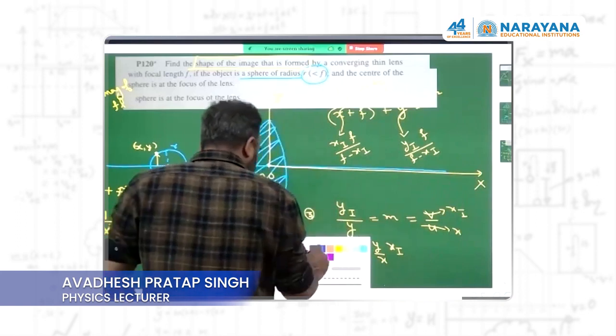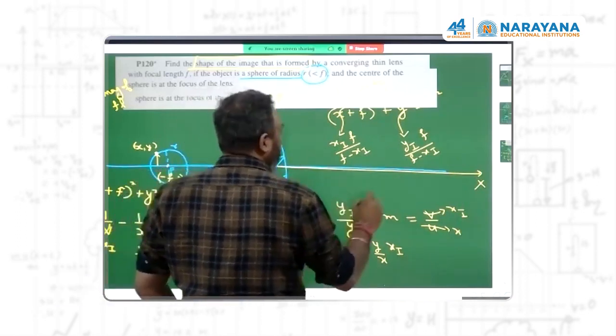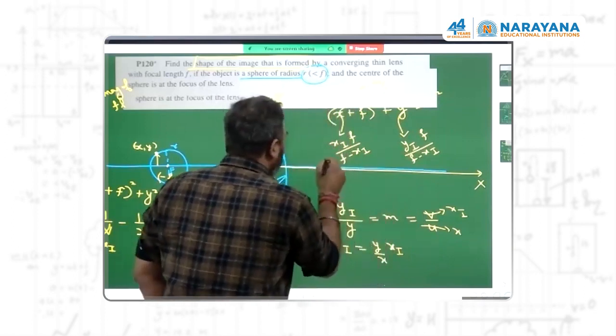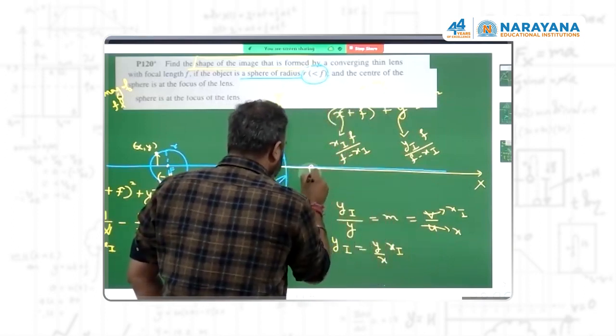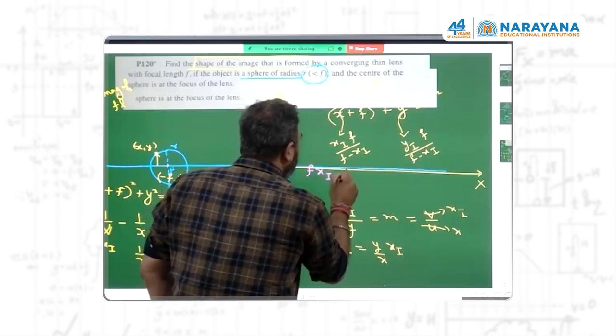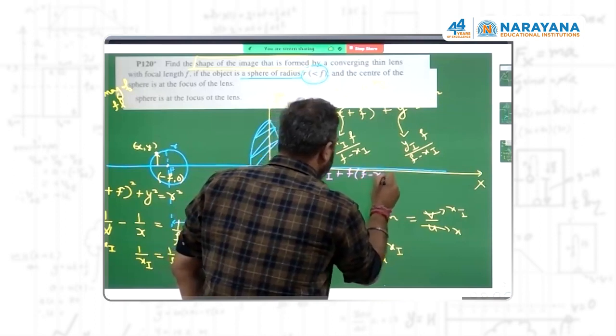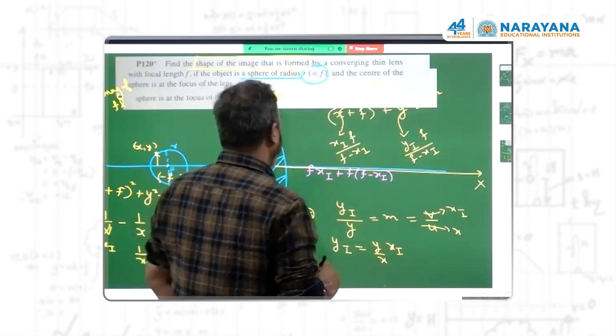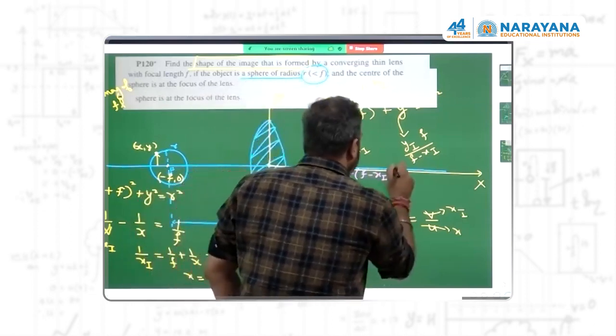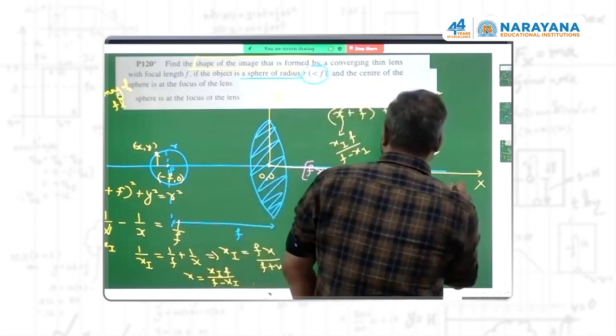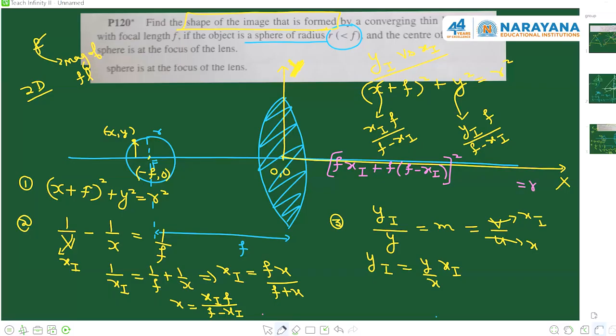So practically, this equation tells me, I'll solve it completely. It is f xi plus f into f minus xi, right? This term, the whole square, RHS will become r square into f minus xi, the whole square, right? And what about the second term?